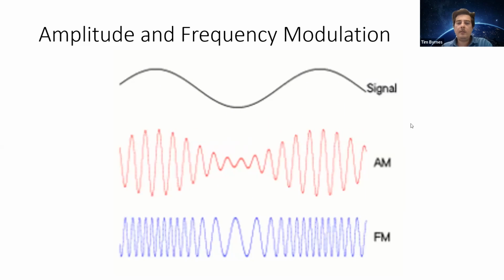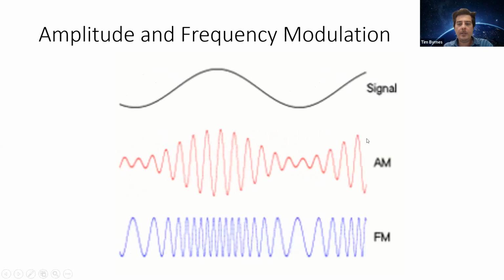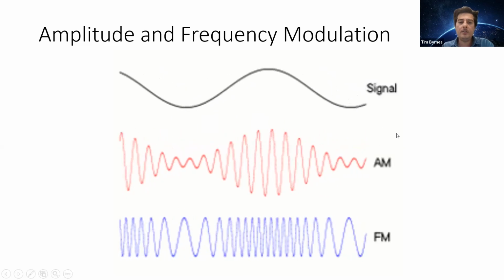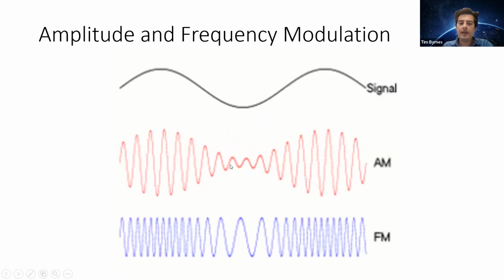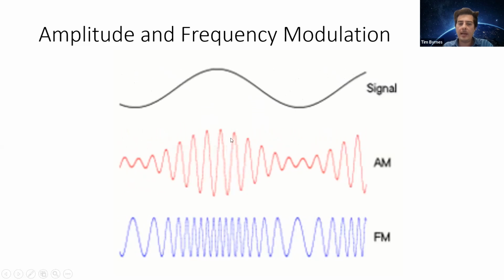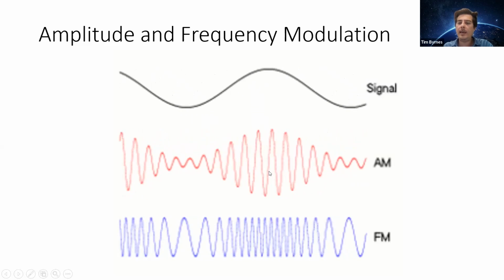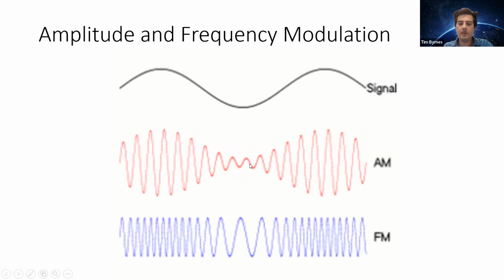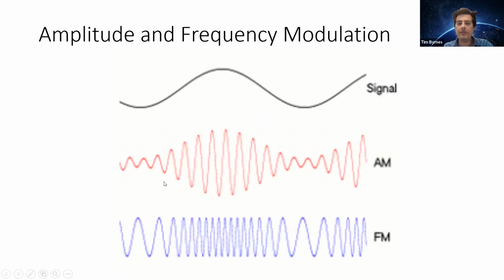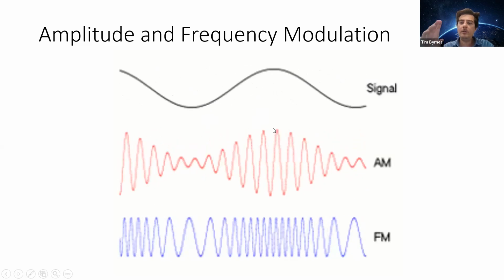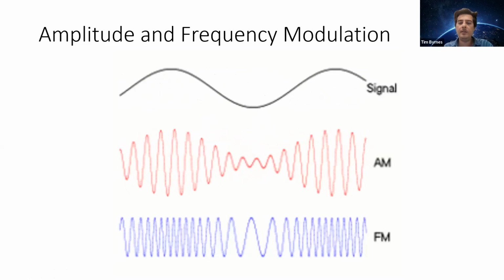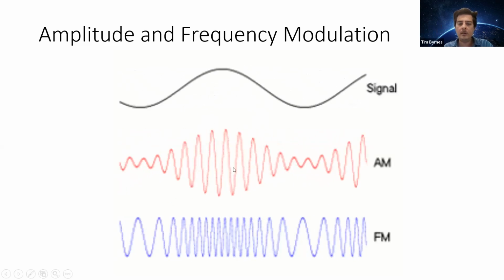Just like what we have here, AM stands for amplitude modulation, and so basically the sound is actually encoded in the amplitude of this wave. So you have the basic wave, and then what we're modulating here is the amplitude of the wave.